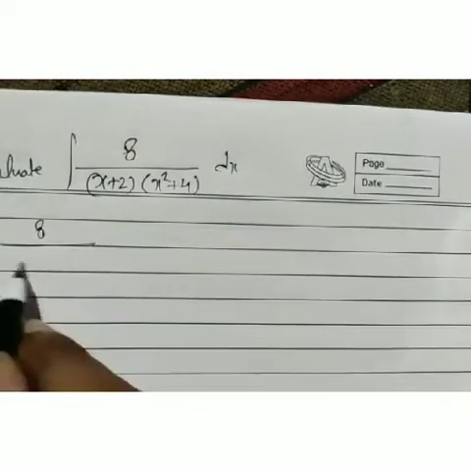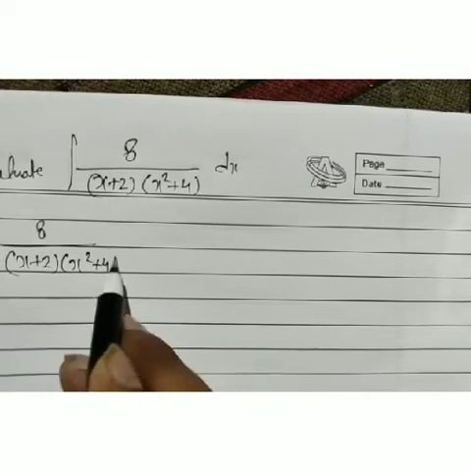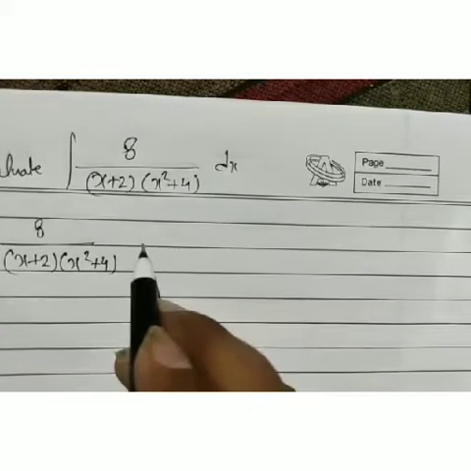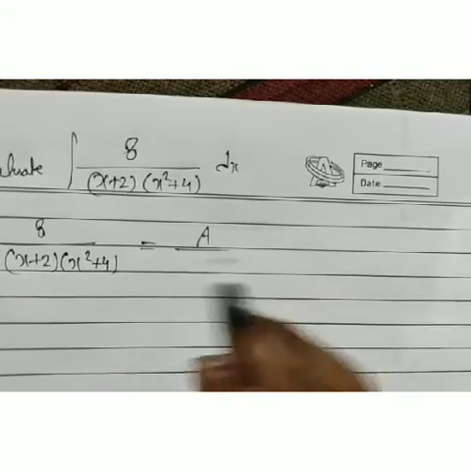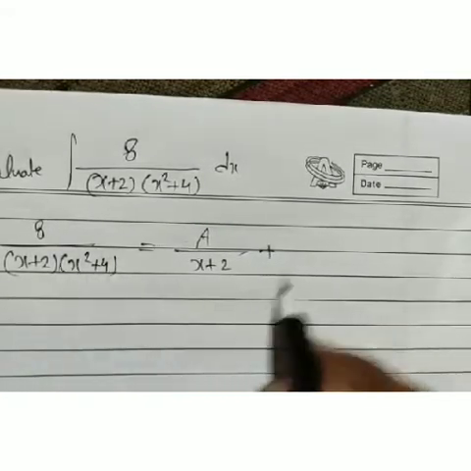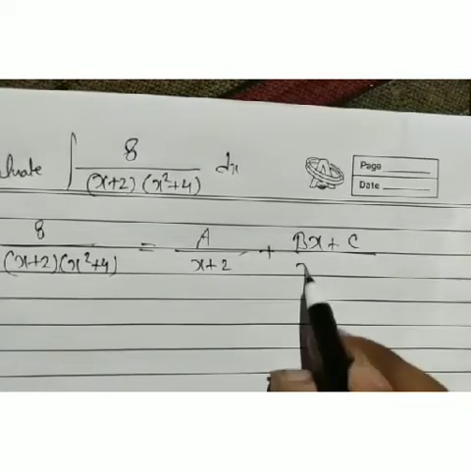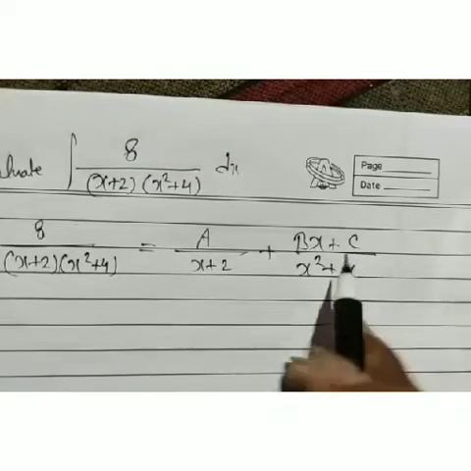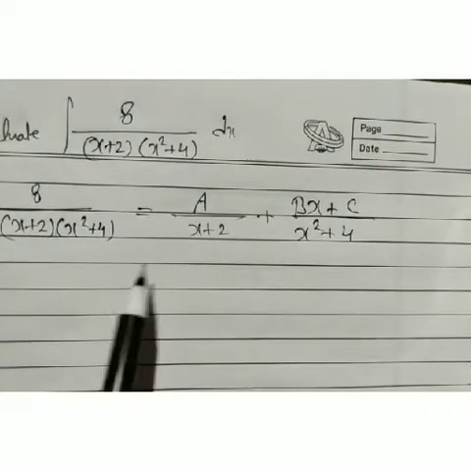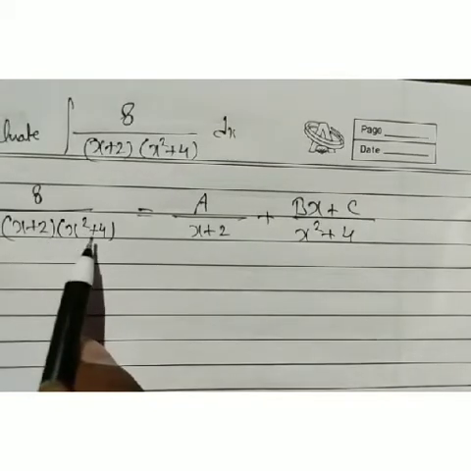Take 8 upon x plus 2 times x square plus 4 equal to a upon x plus 2, and this is our quadratic form, then bx plus c upon x square plus 4. Now we are going to find the values of a, b, c by multiplying both sides with x plus 2 times x square plus 4.